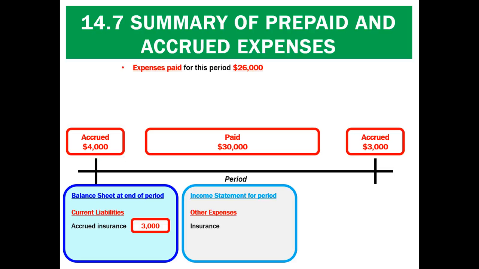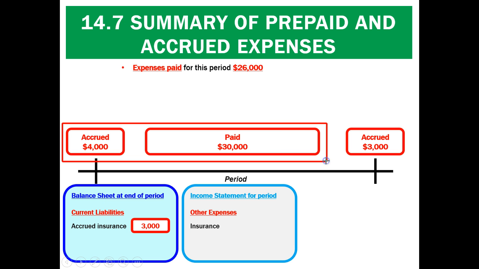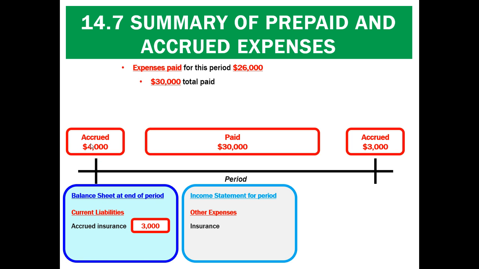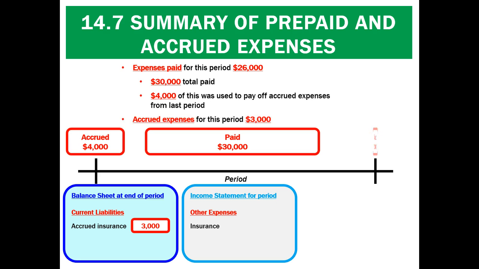So under other expenses insurance, we've paid a total of $26,000 for this period. How did we get that amount? We paid $30,000, but the first $4,000 of that would have actually been used to pay the accrued amount from last period that was owing. So we take $30,000, take out the $4,000 that was incurred last period but paid this period, and that's a total of $26,000. But we've also got accrued expenses that haven't been paid at the end of the period.